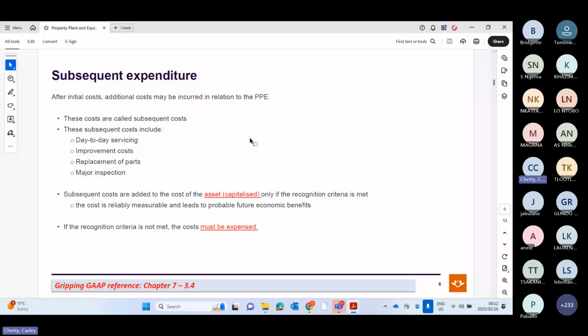So that needs to be proved before we can capitalize subsequent costs. If the recognition criteria is not met, then the cost will need to be expensed. Okay, so we're either capitalizing the subsequent cost or we are expensing the subsequent cost. If the recognition criteria is not met, we cannot capitalize the subsequent cost and it must be expensed.